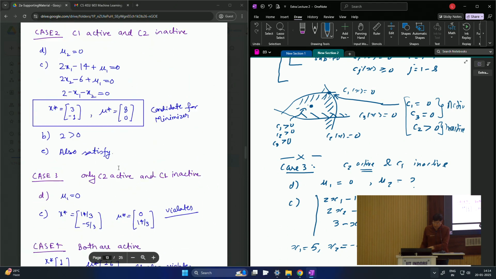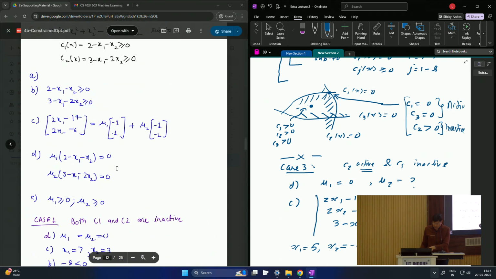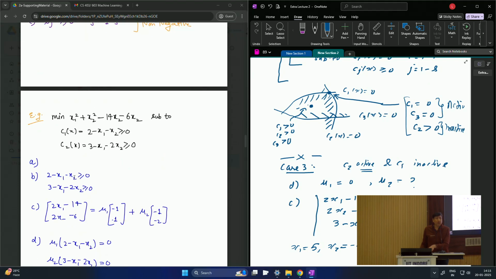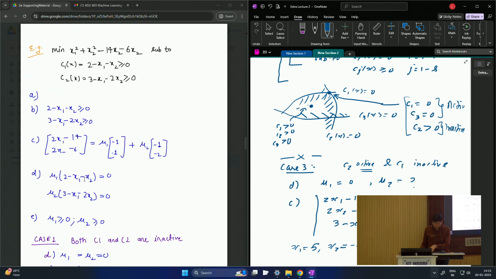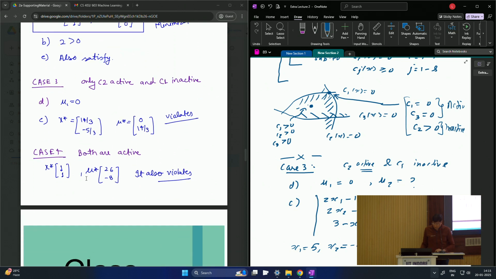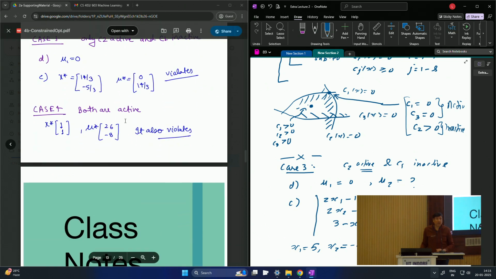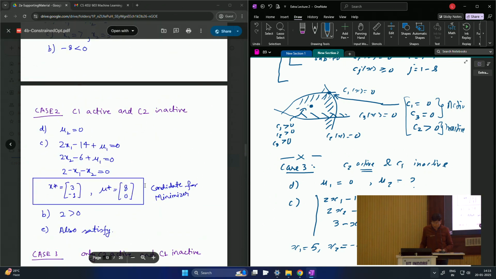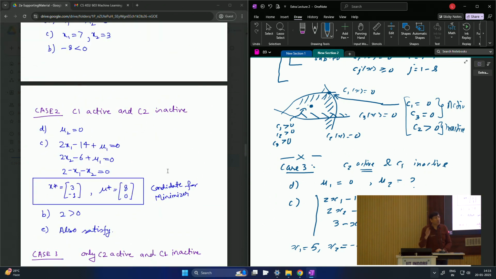When we put this value in C1, 14/3 minus 5/3, something will violate here. So this will not give you the candidate for minimizer. When both cases are active, it will also violate. So the only case which will work will give you a candidate for minimizer. You can check, if you get these cases, whether they are satisfying or not.